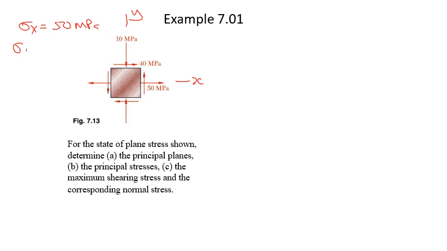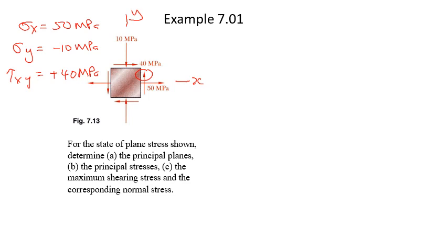Sigma y is negative 10 megapascal, compressive, right? And tau xy on the right face, because our main reference is x, is upward, so it's positive.